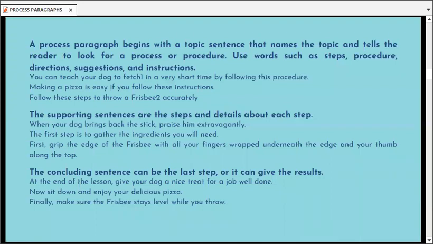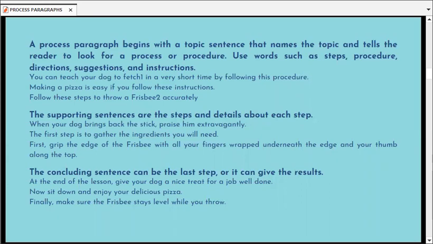When your dog brings back the stick, praise him extravagantly. The first step is to gather the ingredients you will need. First, grip the edge of the frisbee with all your fingers. Wrap them underneath the edge and your thumb along the top.